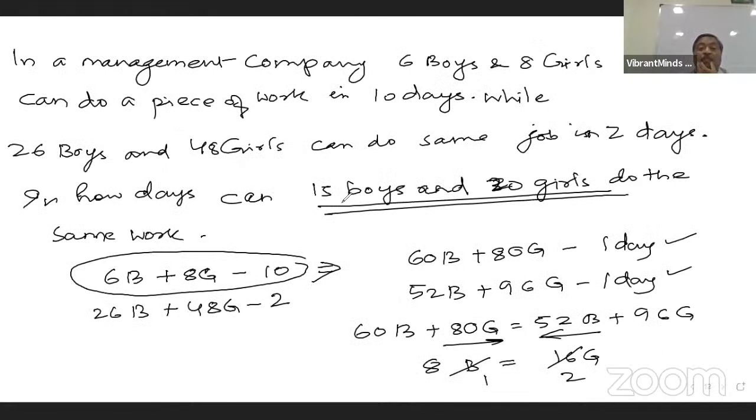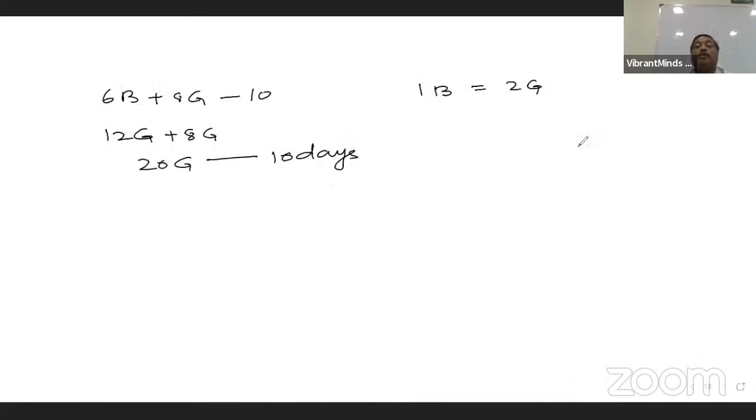Now, see here. The question is asking 15 boys and 20 girls. So 15 boys plus 20 girls can do it in how many days? Let's convert 15 boys into girls. So 15 boys will be how much? 30 girls plus 20 girls will do it in how many days? Understand? 20 girls in 10 days.